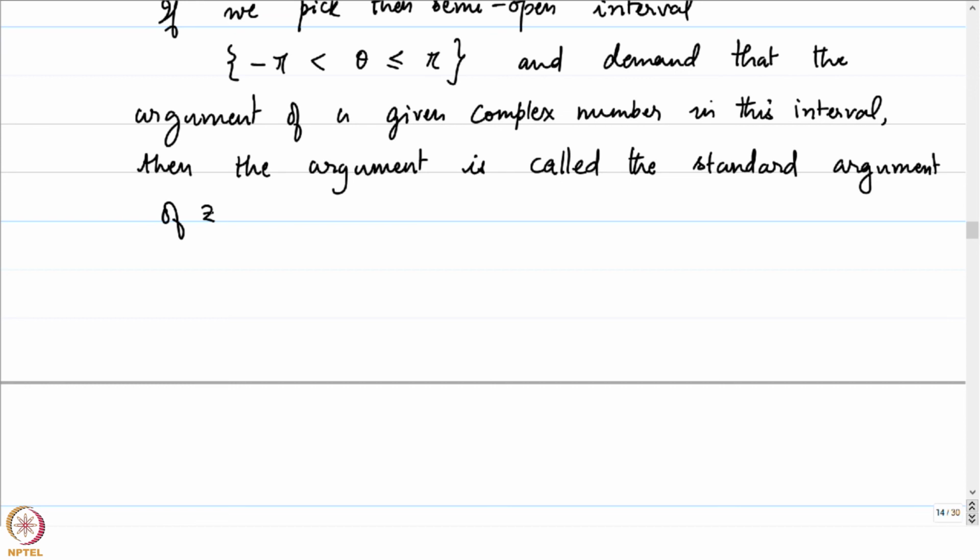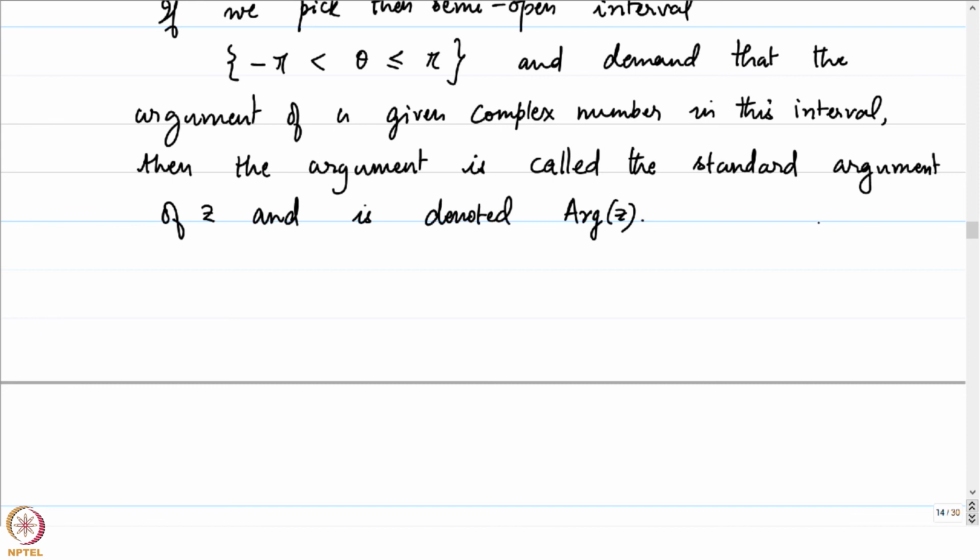It is denoted again by arg z, but with a capital A. Notice that this capital Arg of z is a function from C to the real numbers, and it's a continuous function at every place other than the negative real axis.